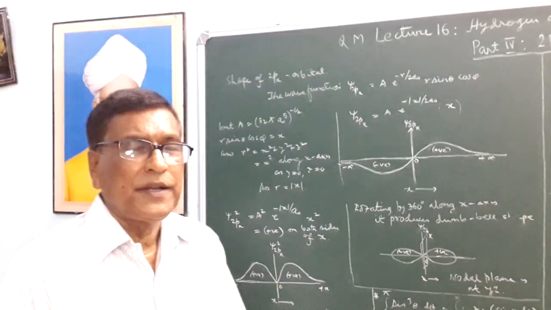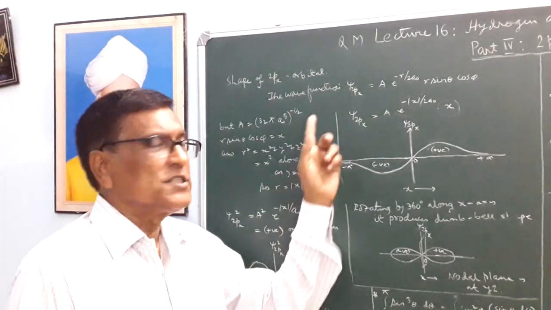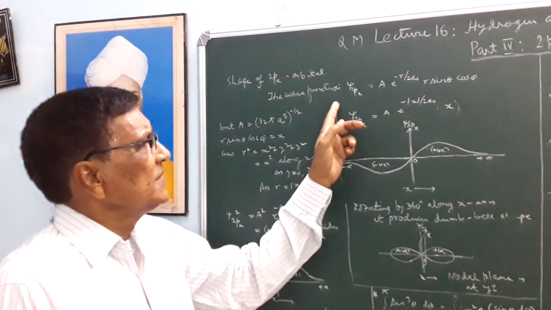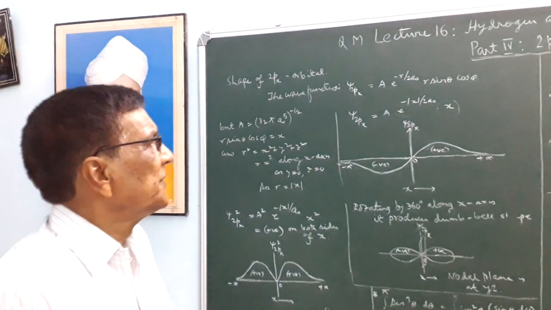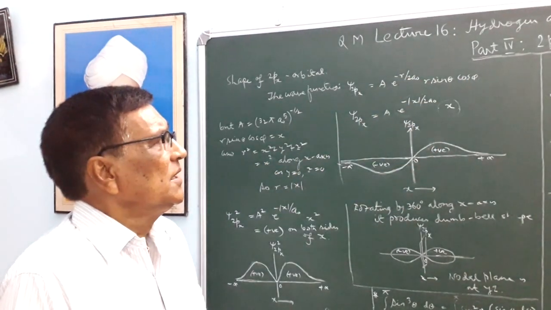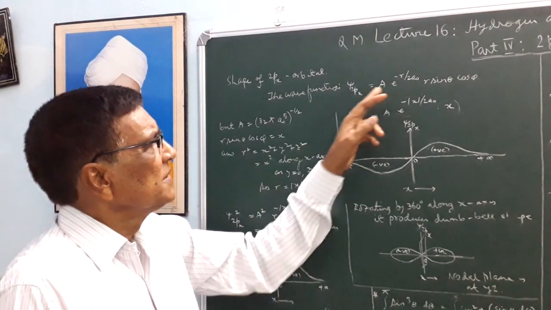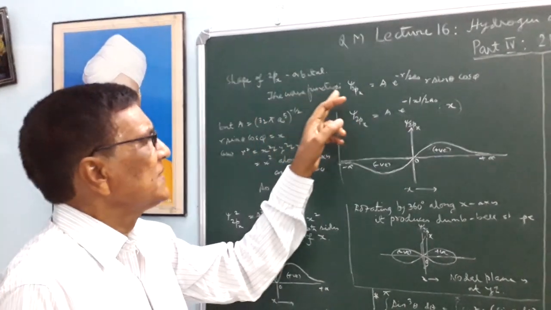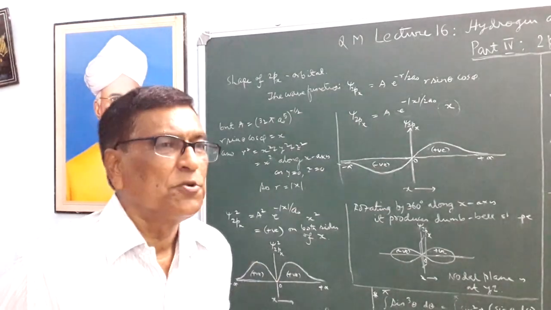Now I am coming to the shape of the 2px orbital, and the wave function is given here. It is better if we convert the expression of this psi 2px into Cartesian coordinates.